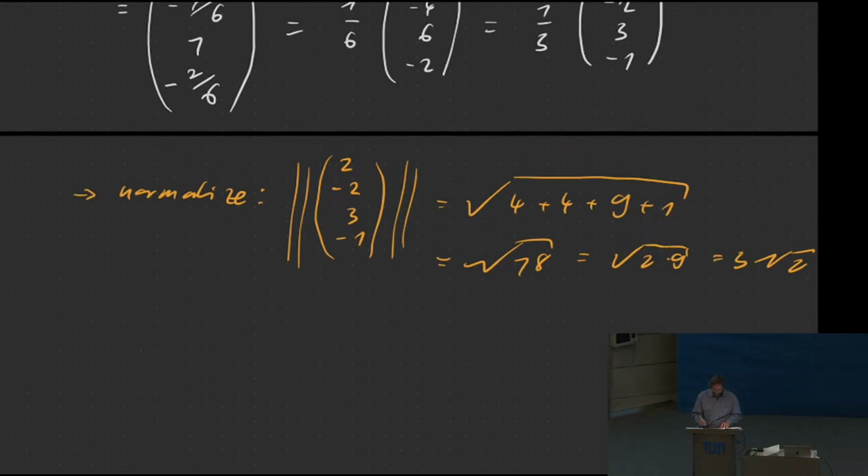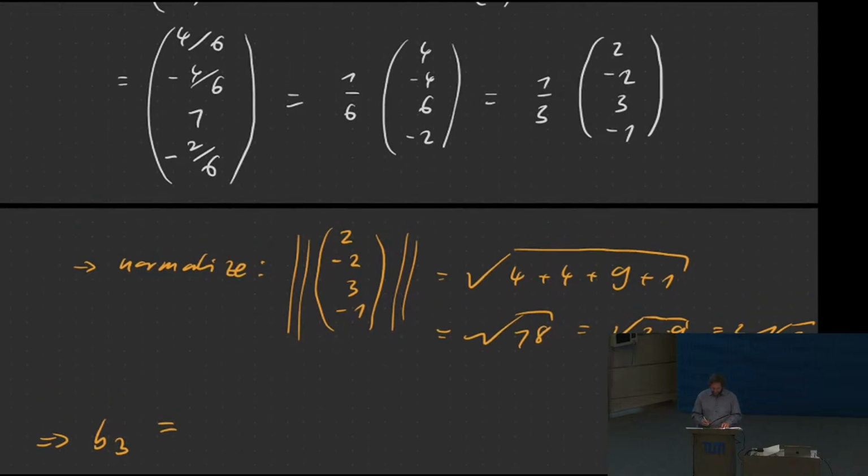So that means my resulting vector is b3. And remember, I normalized this vector, so now I also have to take this vector and divide by that norm. Or you could normalize the whole thing and then divide by the resulting norm. That will just differ by this factor here.